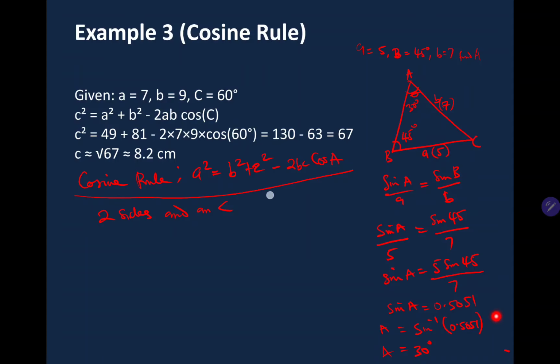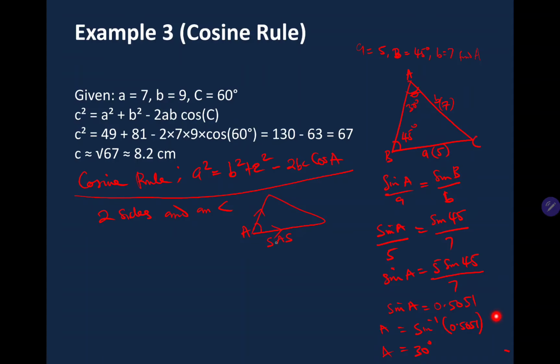So when I say two sides and an included angle, I mean if this is a triangle, this angle now is A. If you know the length of this side and you know the length of this side, and you have this angle here, so two sides with the included angle. We usually call this side angle side.